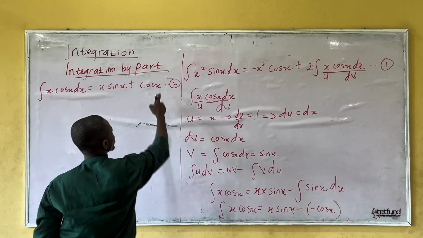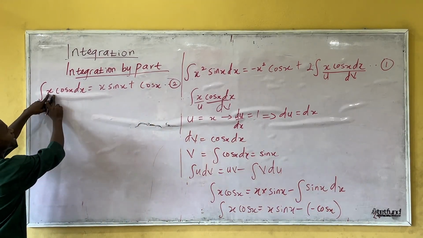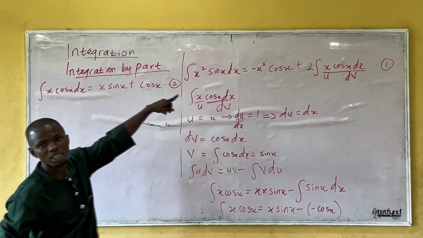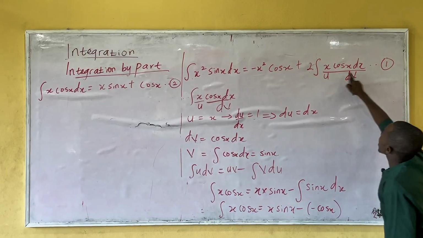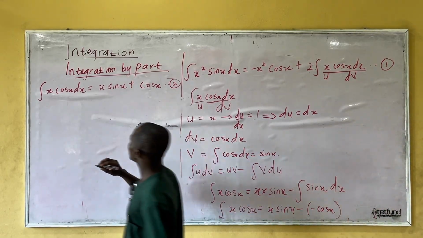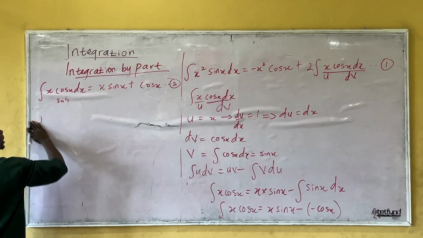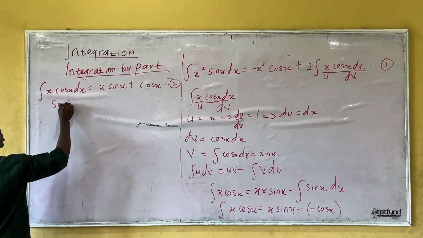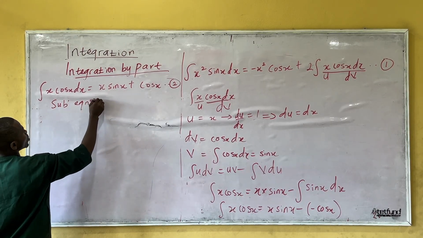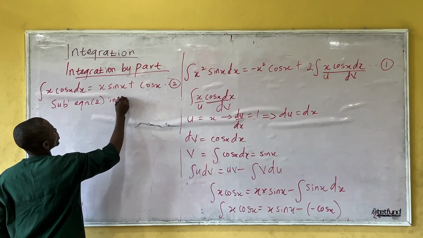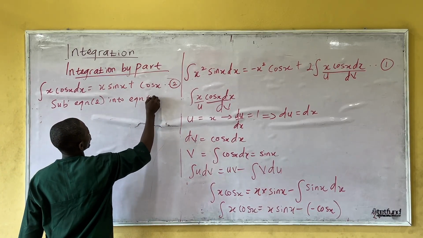So substitute equation 2. Wherever I see the integral of x cos x in equation 1, I will put this. Therefore, let me write it out: substitute equation 2 into equation 1.